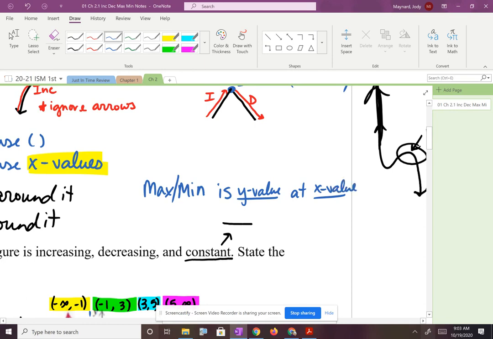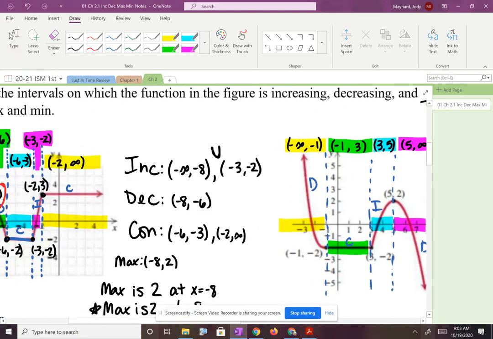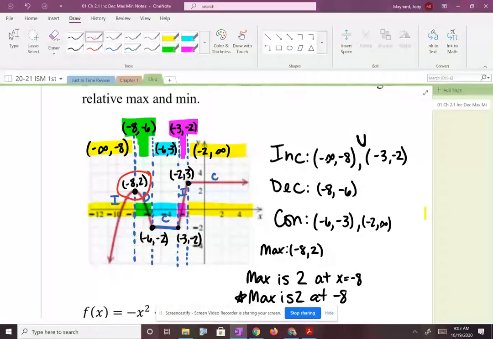The maximum is the y value at the x value. What it is is how high we are. Where does it occur? Like, where is it at? That's the x value, how far left or right we are. So keep that in mind. Now this one, let's talk about this point right here.